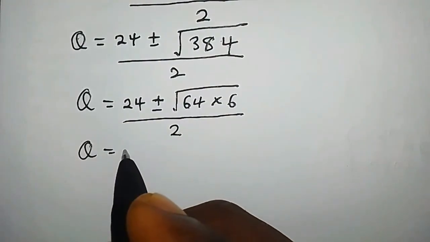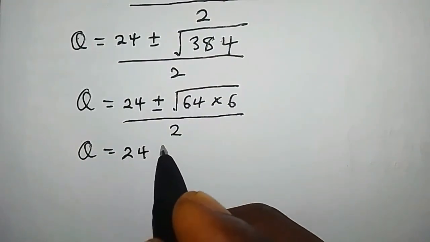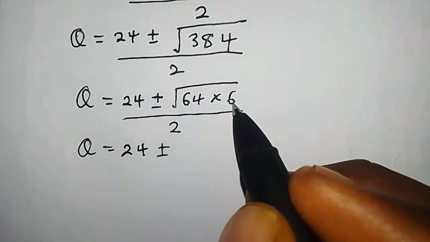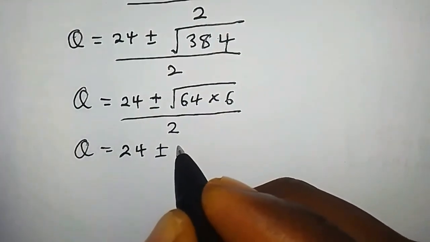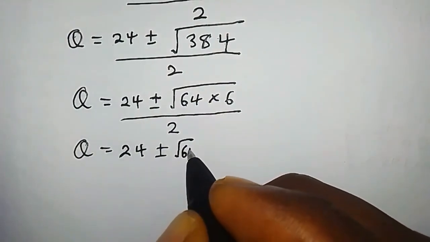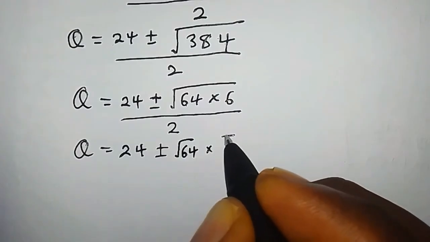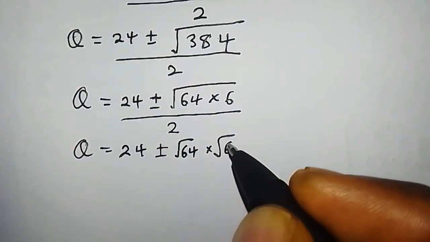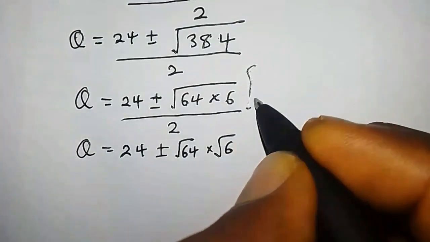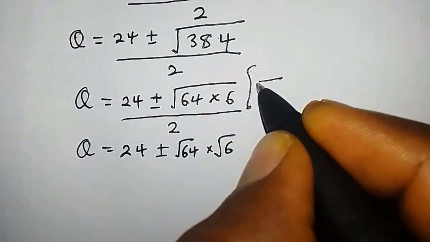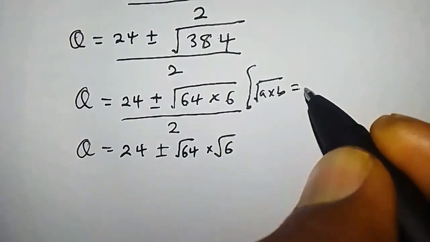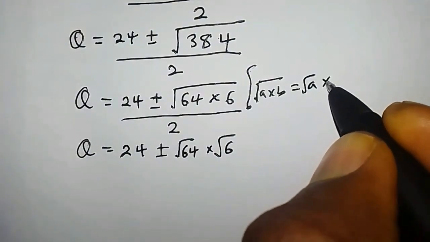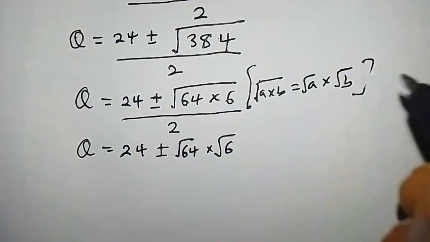Q is equal to 24 plus or minus square root of 64 times 6, which could be written as square root of 64 times square root of 6. That is, using this identity, let's say we have square root of a times b. This is equal to square root of a times square root of b. Let's proceed further.